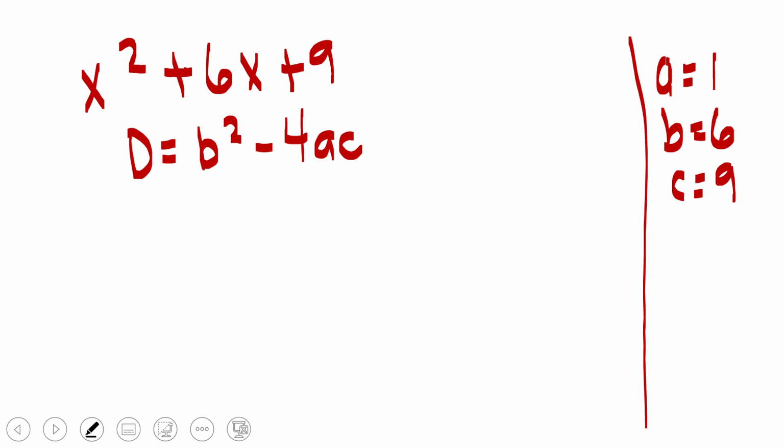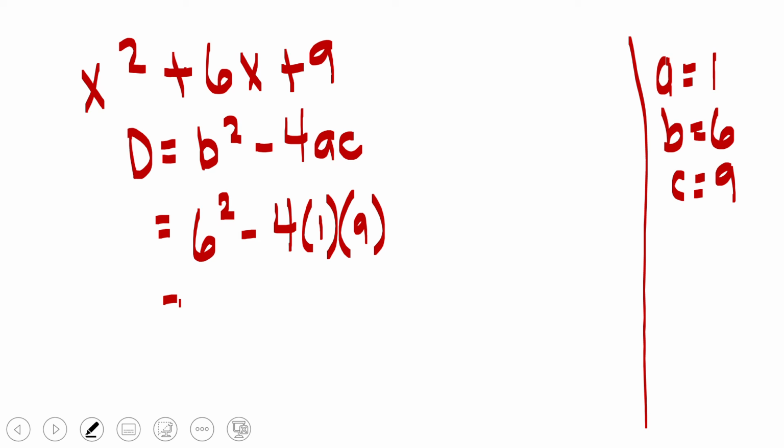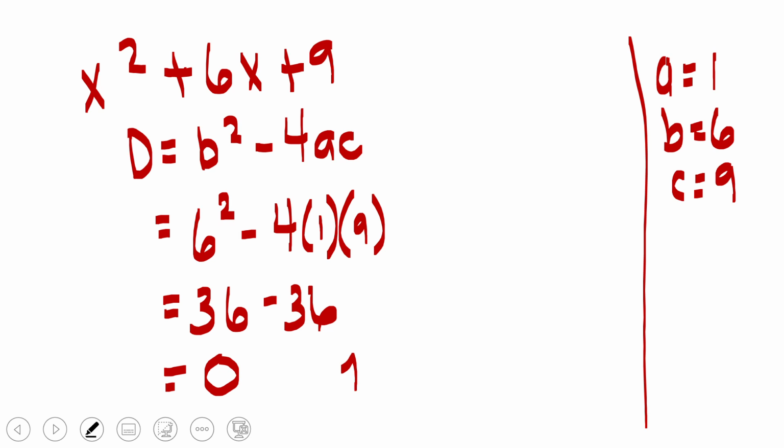Plug those in. We're going to get 6 squared minus 4 times 1 times 9, which 6 squared is 36, and we get negative 4 times 9, so negative 36. D equals 0. On our chart, that is one real solution.